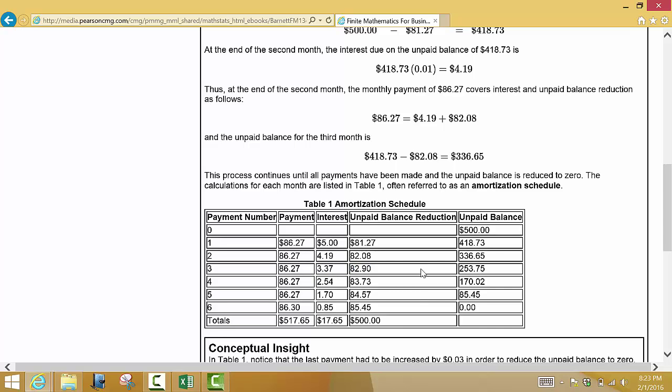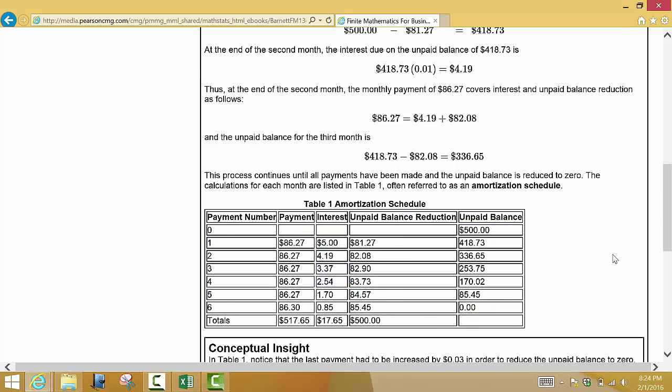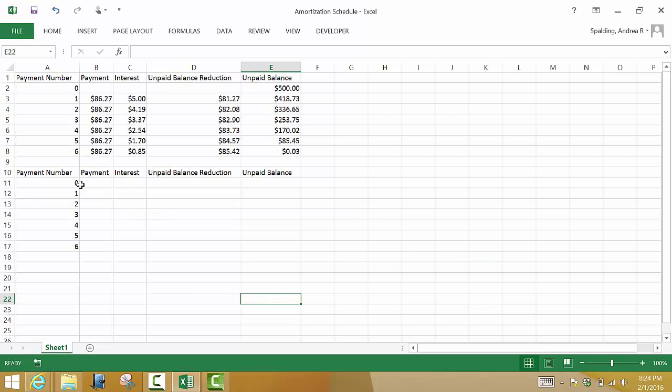We can do all of these calculations by hand, or we can use Excel. So I'm going to show you how to actually do this in Excel very quickly. We have 6 total periods that we're going to be making payments, and we want to know what those payments are supposed to be, so I'm going to let Excel tell me this.